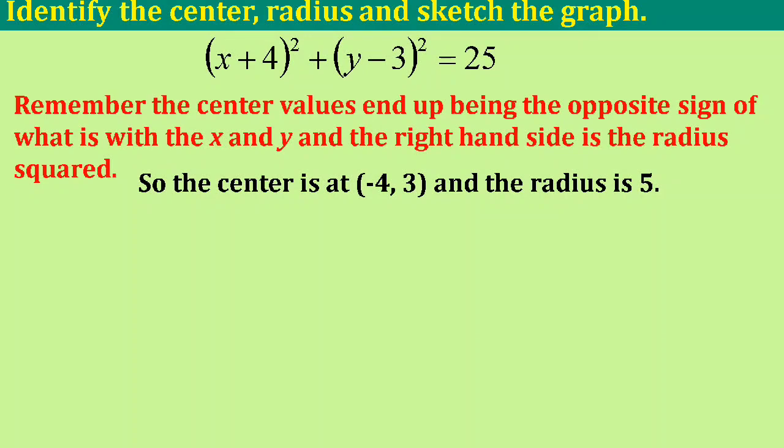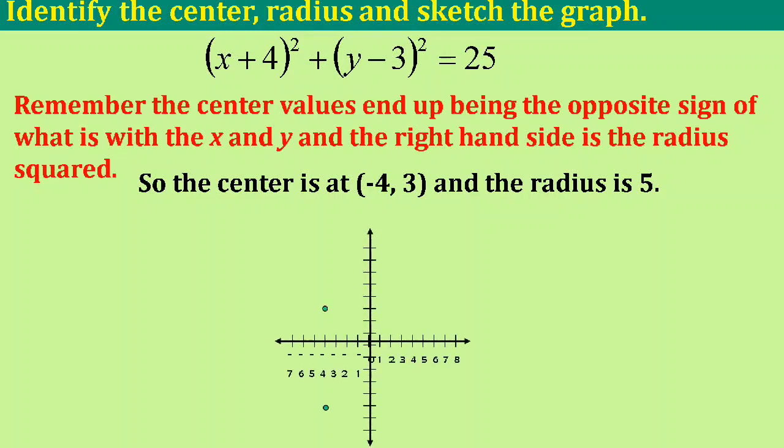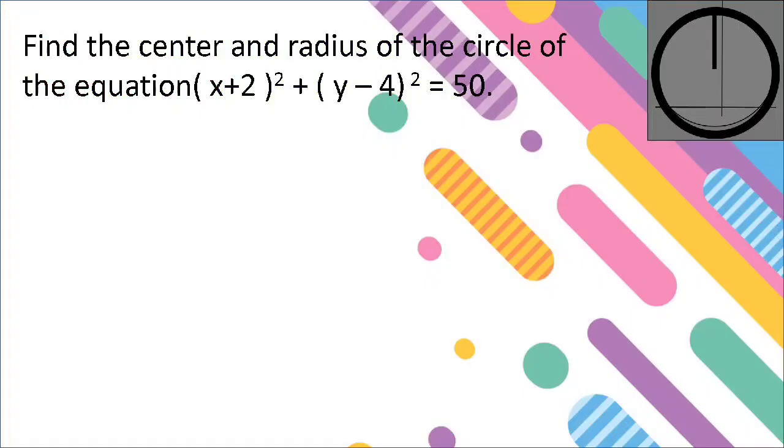So from that, the center is negative 4, 3, and getting the square root of 25, that is the radius, which is equal to 5. Again, sketching the graph, this is the standard form and the graph of the equation of the circle.